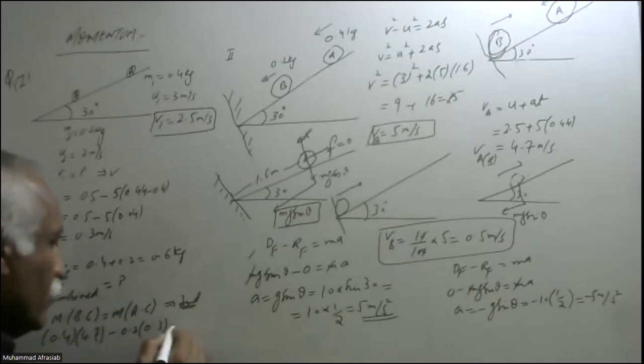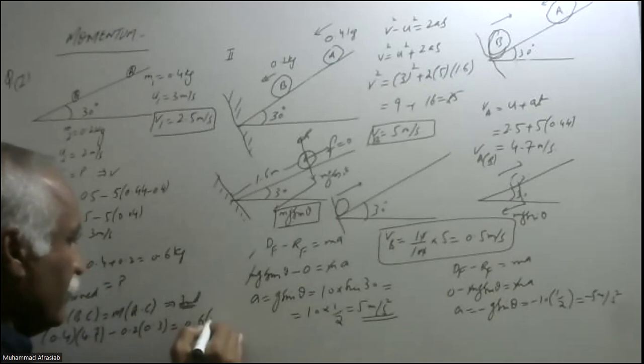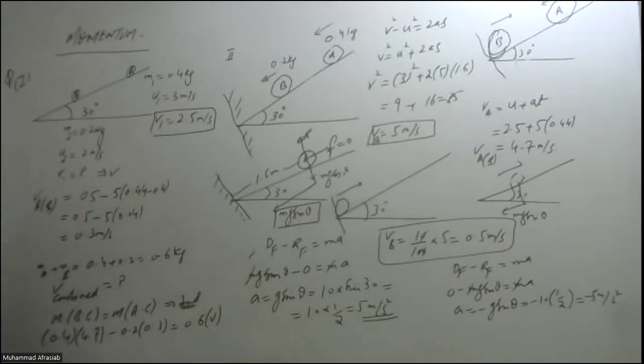It should be equal to 0.6 into V. After doing this calculation, the V value will be equal to 3.03 meters per second towards B. So this is the final solution of this problem concerned with momentum.